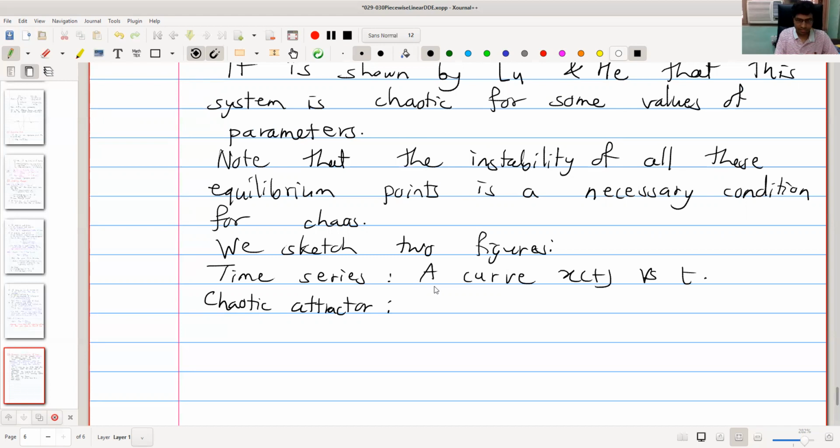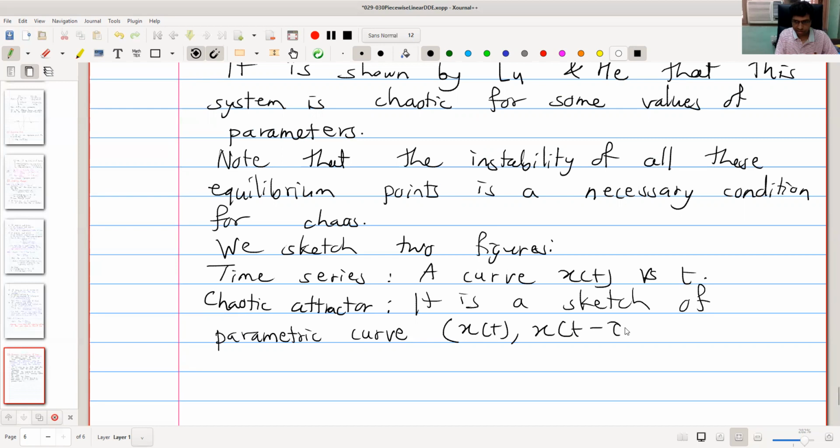It is a sketch of a parametric curve. Okay, t is the parameter in this case. x of t comma x of t minus tau.